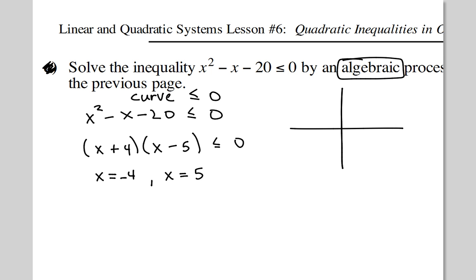Okay. Y-intercept. What's the y-intercept? -20. What's one of the roots? And the other? Okay. Vertex will be closer to which side? The right or the left? Right. So maybe the vertex is down here somewhere. I'm not exactly sure where.